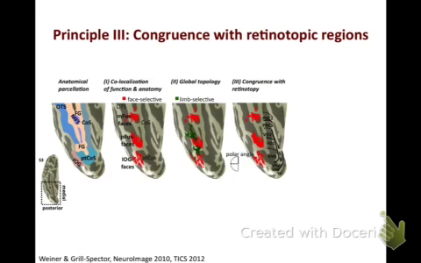So the third principle. The first principle is anatomy, the second principle was global topology. The third principle is that this spatial relationship between functional regions extends to retinotopic maps. So one way to map the human brain is by mapping the maps of the visual field, and in fact visual field maps have been discovered throughout the brain.